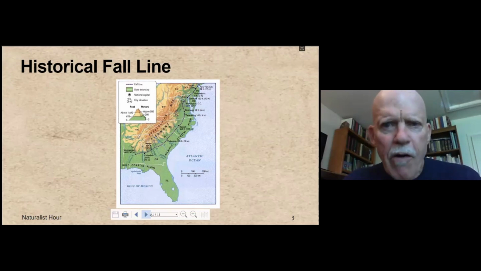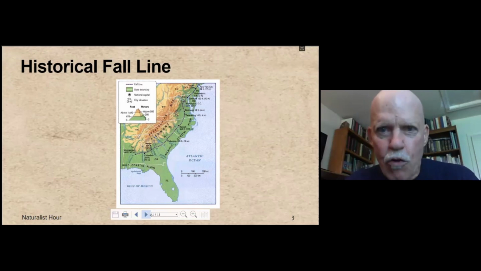We know the American Indians that were here before the European invaders were aware of the fall line, if not by that name, certainly as a landscape feature, because the present I-95 corridor actually follows the main Indian trails that went up the East Coast.